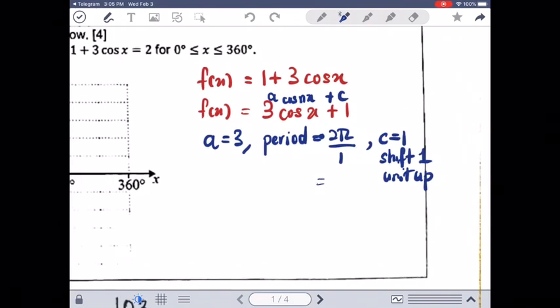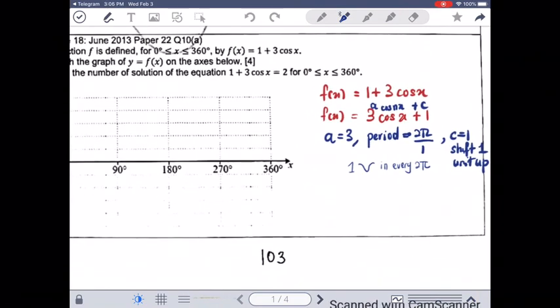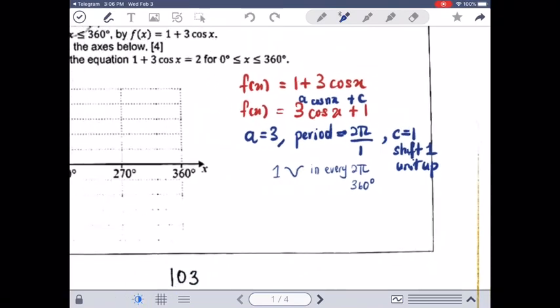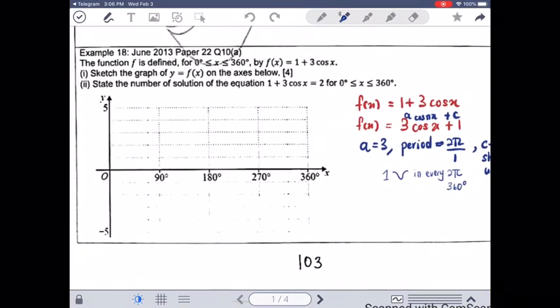When the period is equal to 2 pi, it means that we have one cos cycle in every 2 pi. Basically, 2 pi is equal to 360 degrees, so we have one cycle in every 360 degrees.